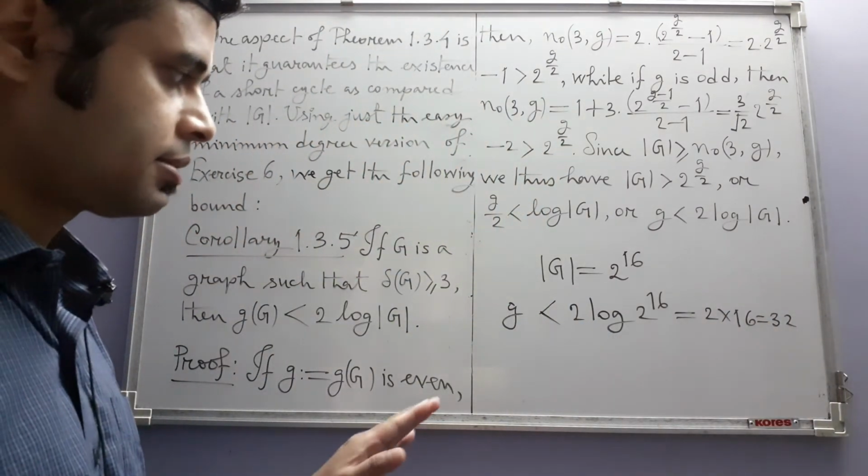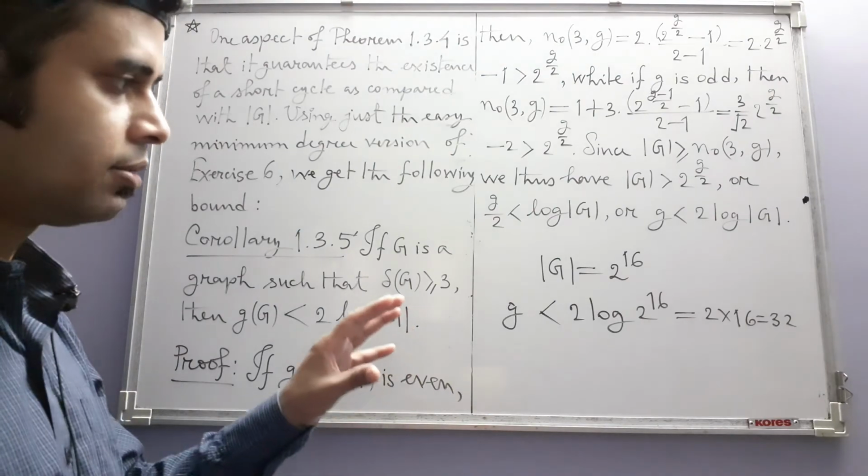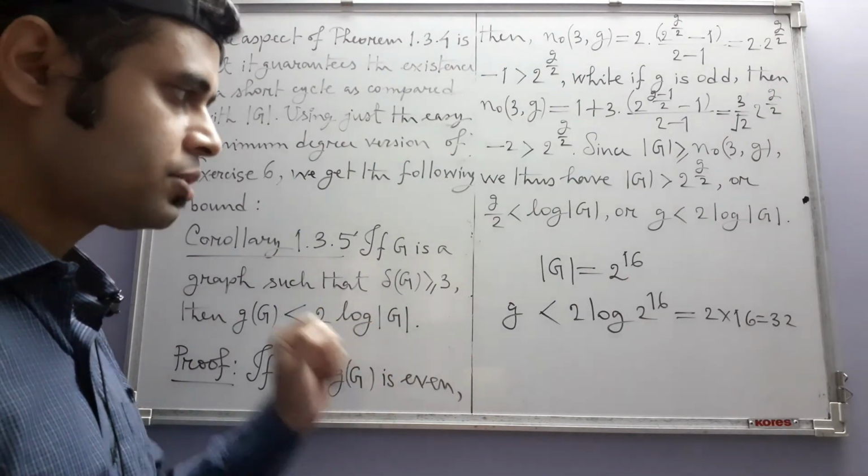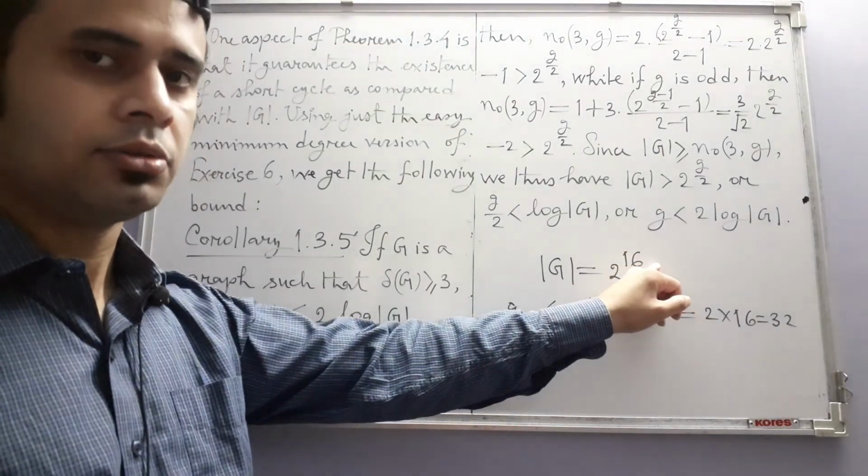So G has a cycle, at least one cycle, whose length is less than 32, which is much smaller than the order 2 to the power 16.